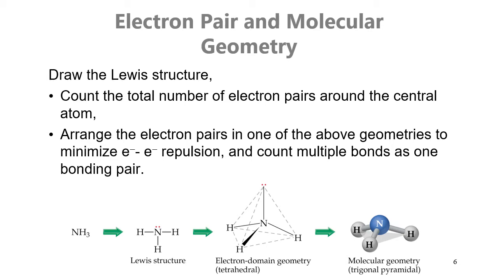So following these steps, you get the molecular geometry as trigonal pyramidal, but the electron domain geometry is tetrahedral. So I've told you about the difference between domain geometry and molecular geometry.